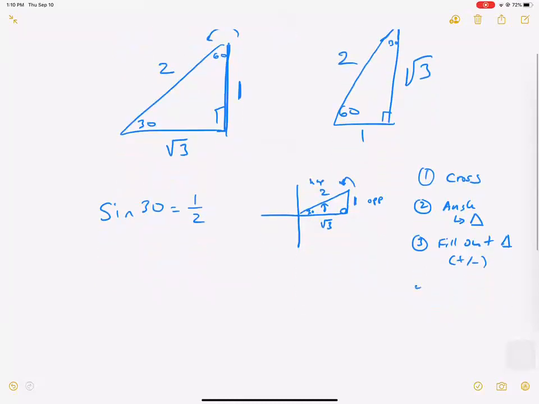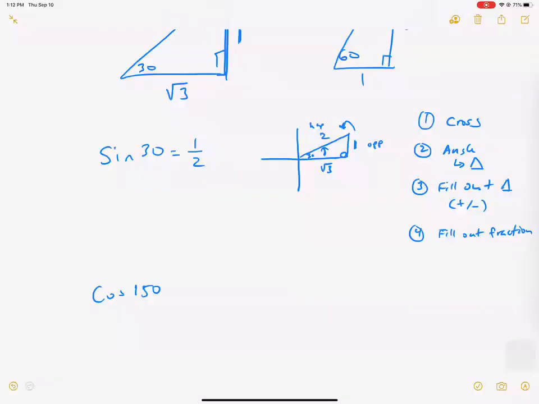Once we have all those, step 4 is fill out our fraction. If you remember to solve your 30-60-90 triangles this way, no matter how long it is, you will still remember where to put everything, the 1, 2, square root of 3, and in which quadrant. If not, you at least have steps to figure it out.